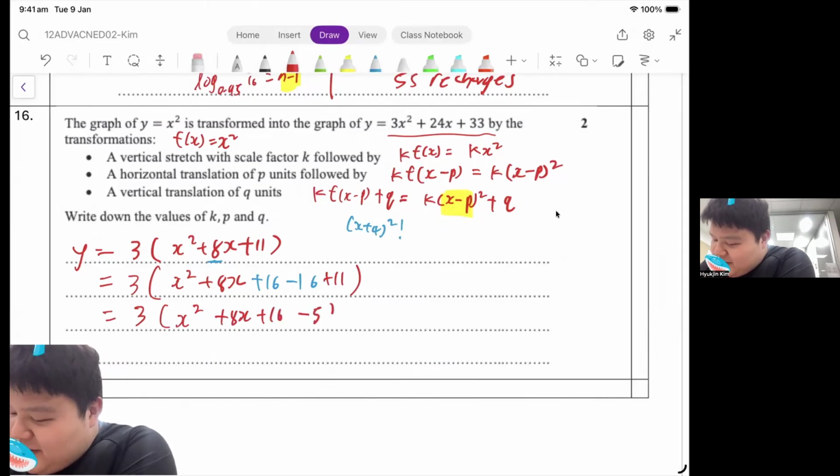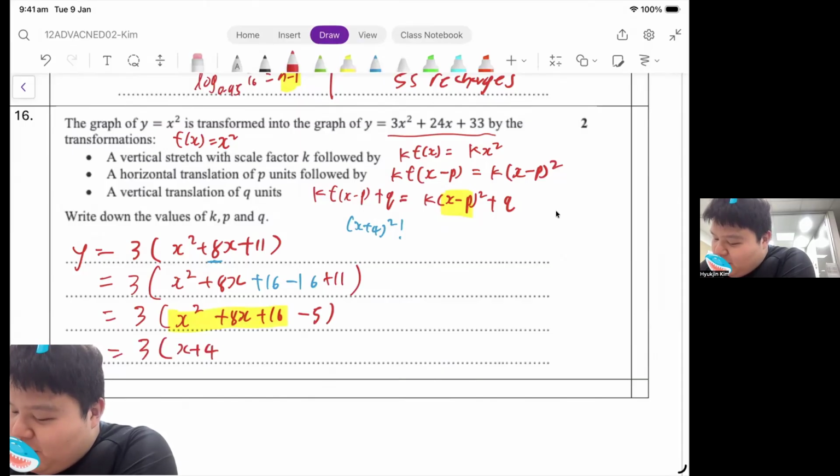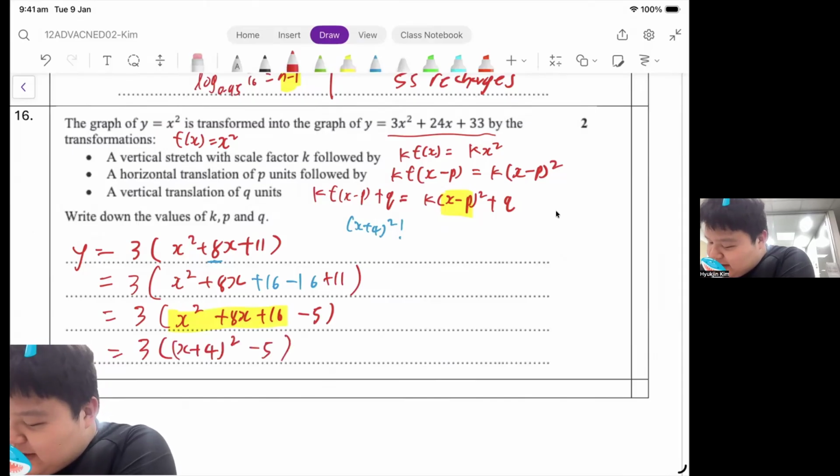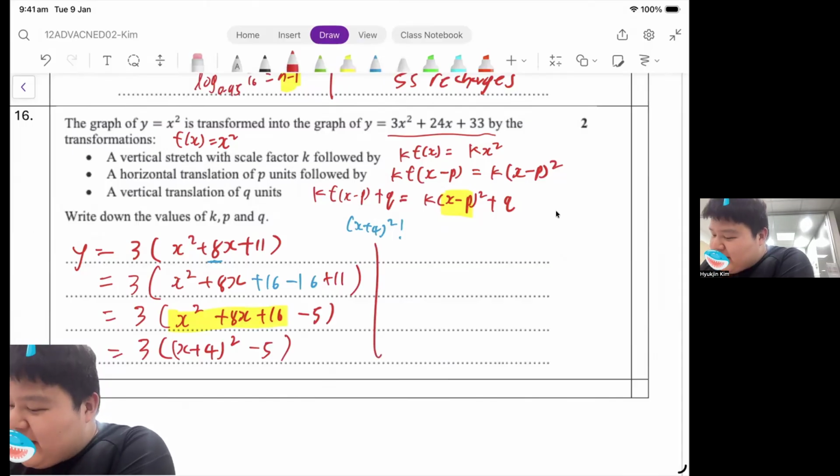Now I have minus 5 in here, and now this guy will be my perfect square. So we get 3 times x plus 4 squared minus 5, but they're all in the big bracket still. And if you said q is negative 5, then you're very unfortunate because the q in this instance is expanded out fully.